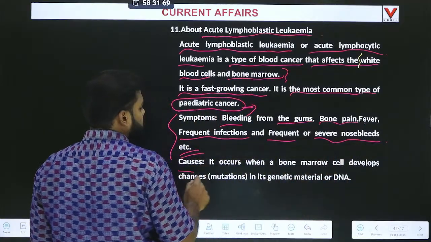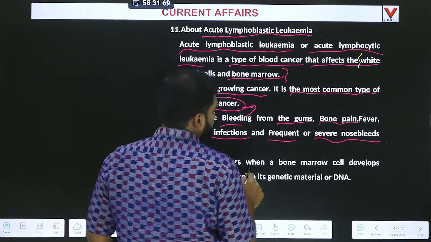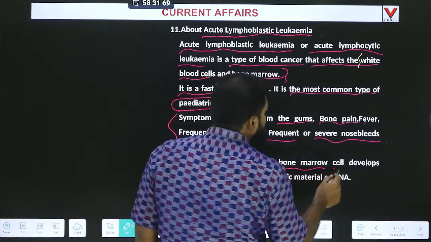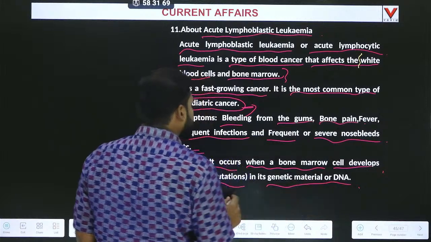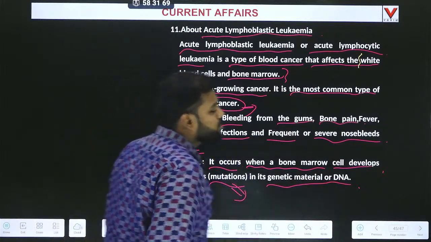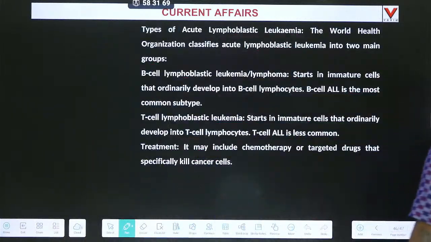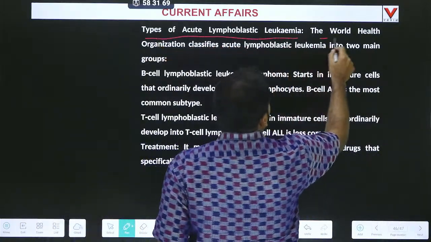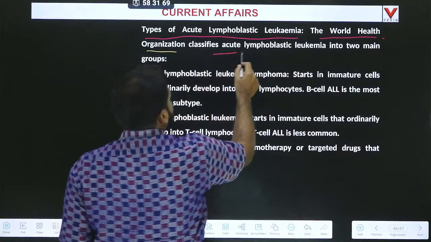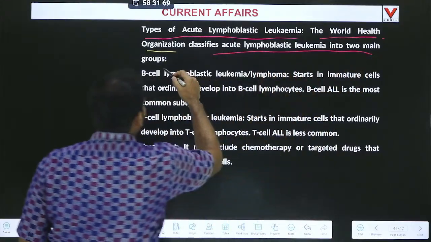Okay, causes. What are the possible causes? It occurs when a bone marrow cell develops changes, mutation in genetic material or DNA. The majority of cancer is related to mutation only, right? Types of acute lymphoblastic leukemia: the World Health Organization classifies it into two main groups.